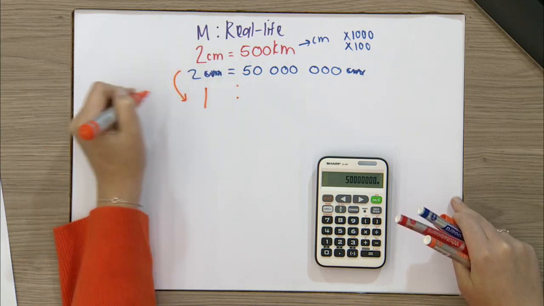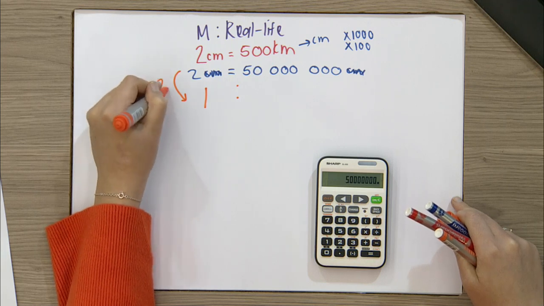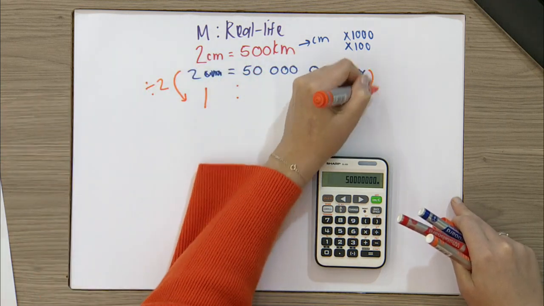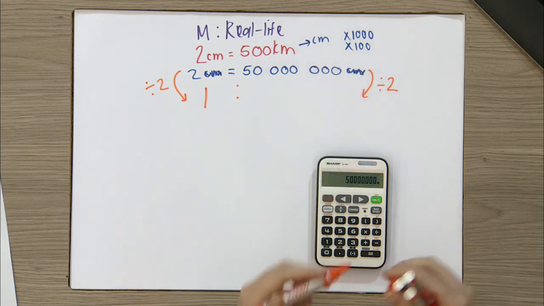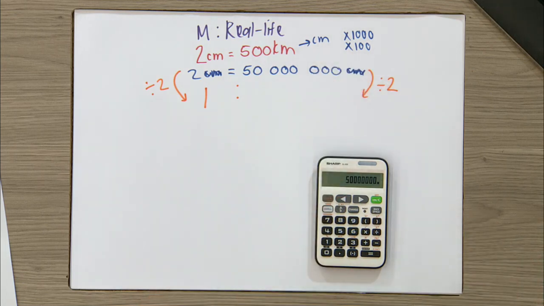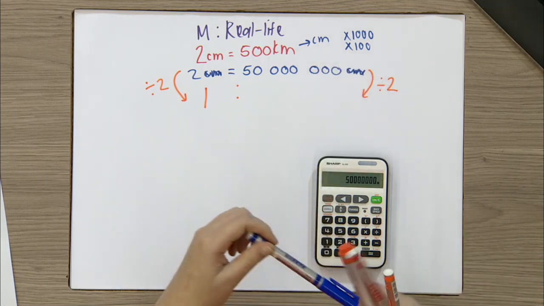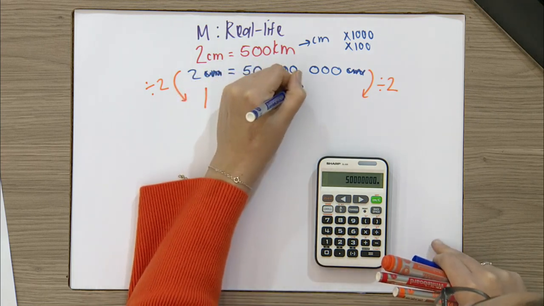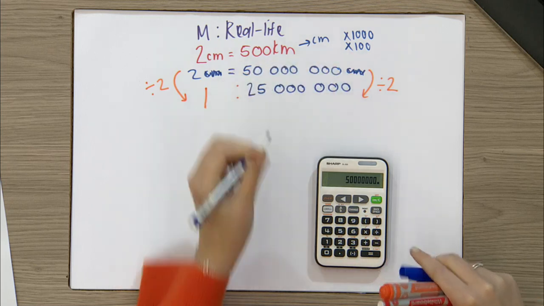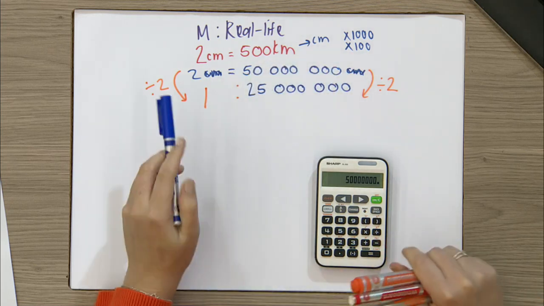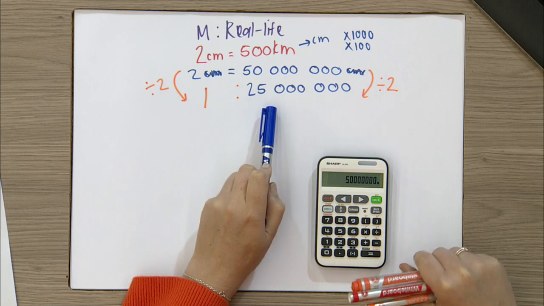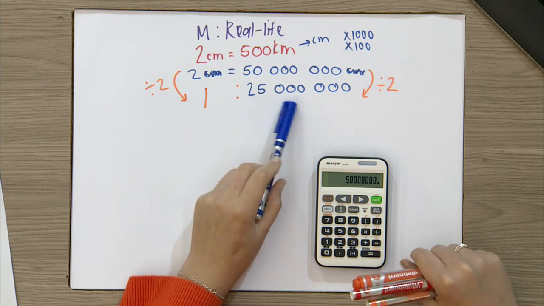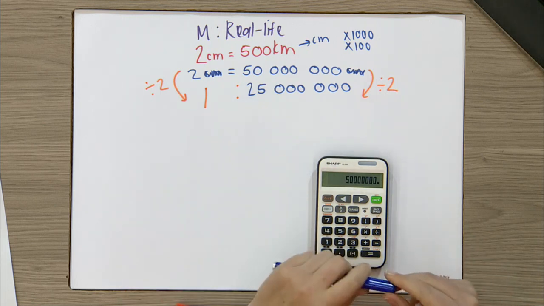So to go from this to that, I will divide by 2, which means on this side, I will also have to divide by 2. So 50 million divided by 2 will give me 25 million units. So this means 1 unit on this map represents 25 million units in real life.